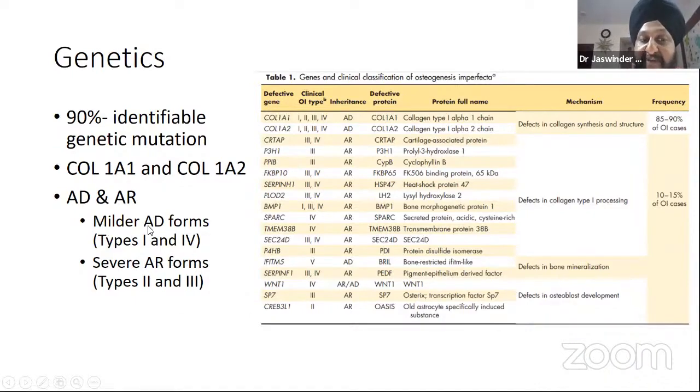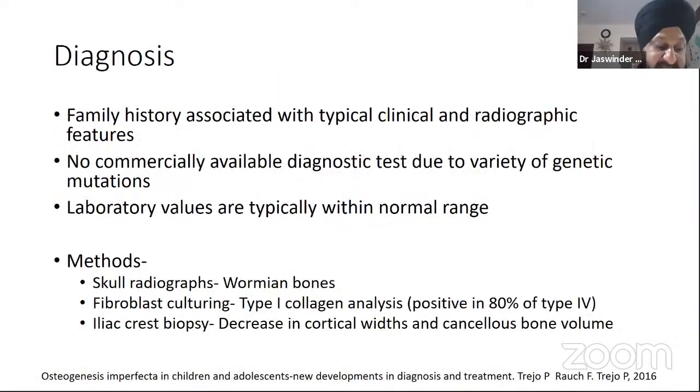The milder types of the disease are autosomal dominant, which are type 1 and type 4. The severe types are autosomal recessive, which are type 2 and type 3. In the present literature, there are innumerable genes further added to the family of pathogenic genes where mutations occur.